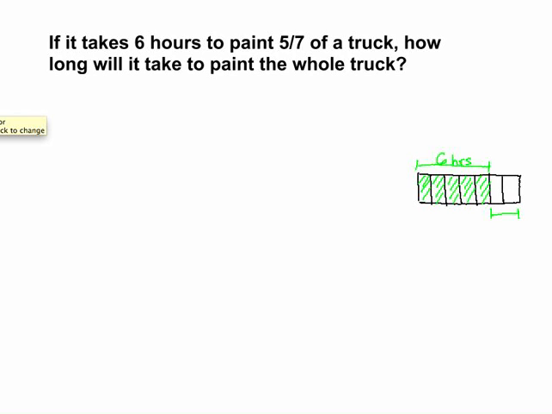We can set up this information using a table, looking at hours, and I'm just going to call this truck. In 6 hours, we're able to complete 5/7 of the truck. Now 5/7 can be a little bit uncomfortable for people to work with, and people might often want to say, oh, I want to change this 5/7 into a decimal.